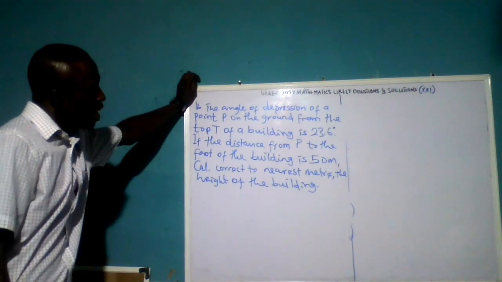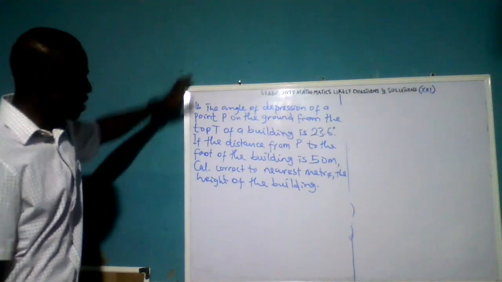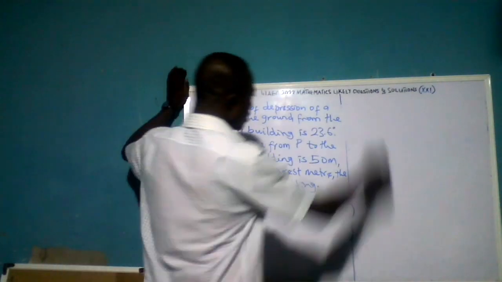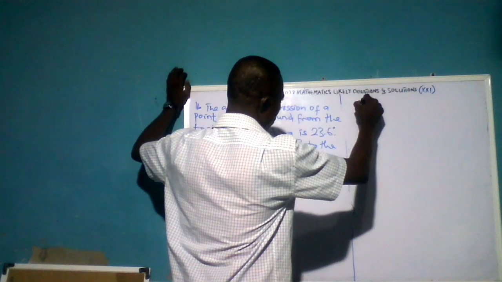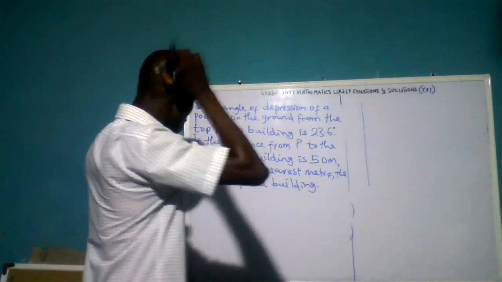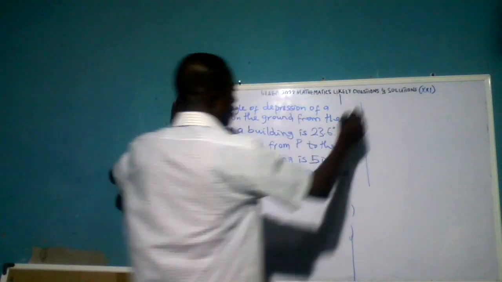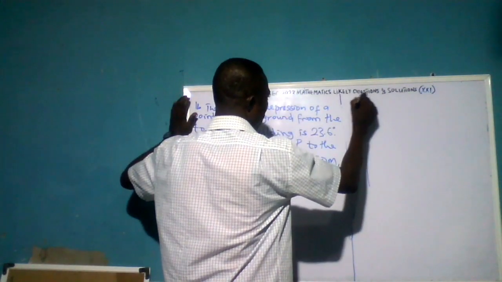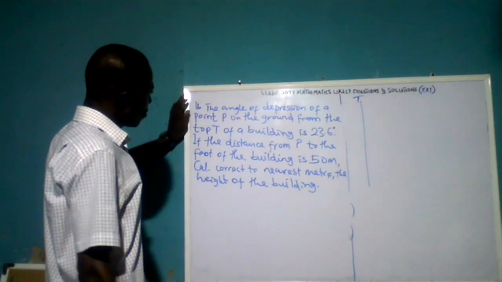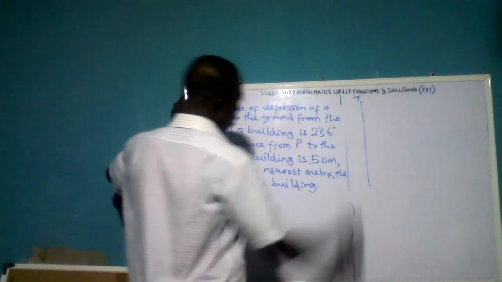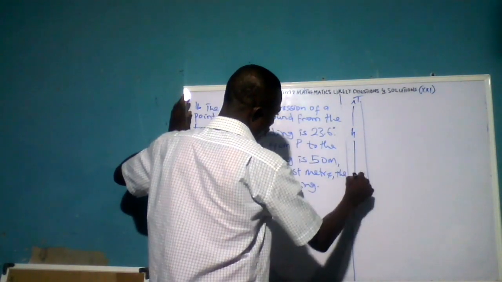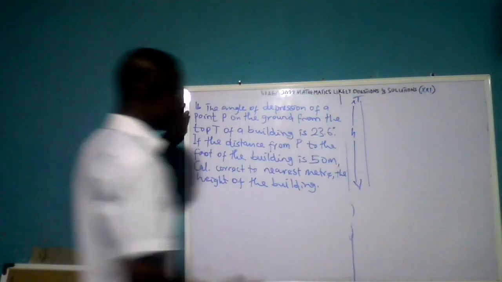Okay. First and foremost, let this be the building, and let the top T be here. Now the height of the building, take it as h, which we are going to find in our solution.